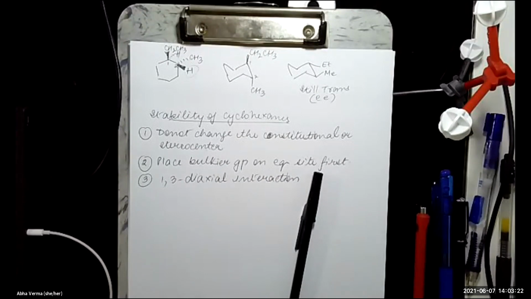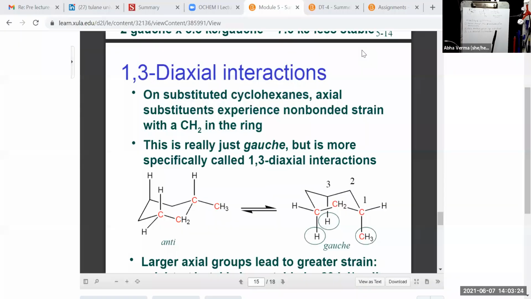Let me quickly show you what these 1,3 diaxial interactions are. So this is carbon 1, 2, 3. Relative to this carbon, this is number 3. Relative to this carbon, this can also be number 3. And 1, 2, 3. Relative to each other, these carbons are also on the 1,3 location.